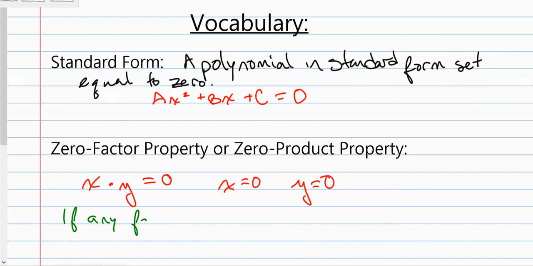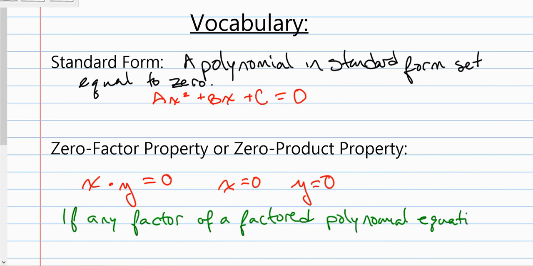If any factor of a factored polynomial equation is equal to 0, then the equation is true.